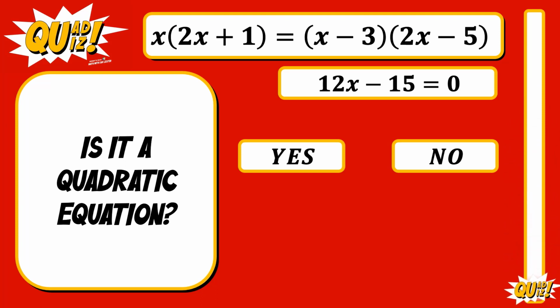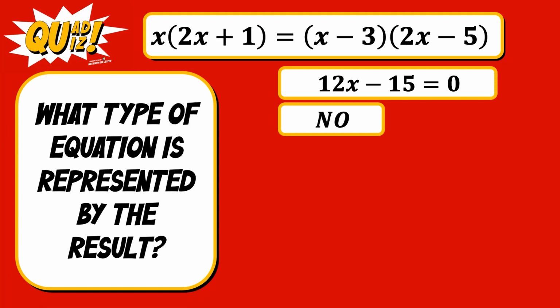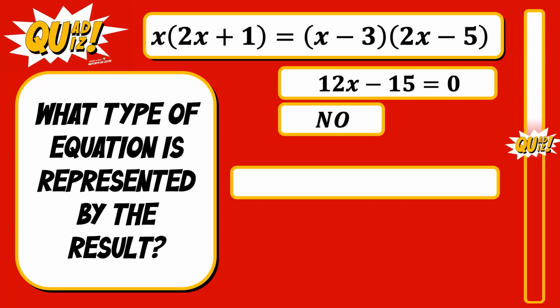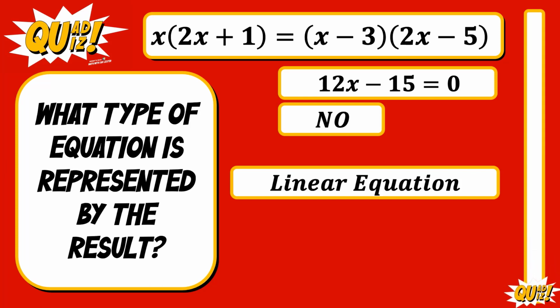For this equation, the answer is no. So if it's not a quadratic equation, what type of equation is represented by the result? The result is simply an example of a linear equation.